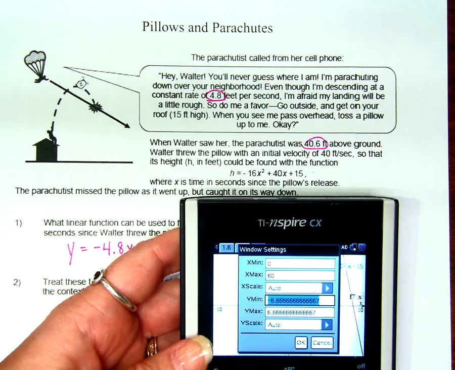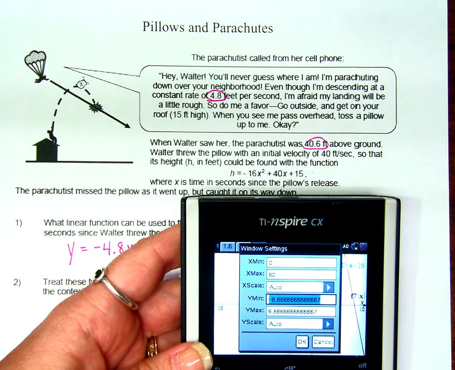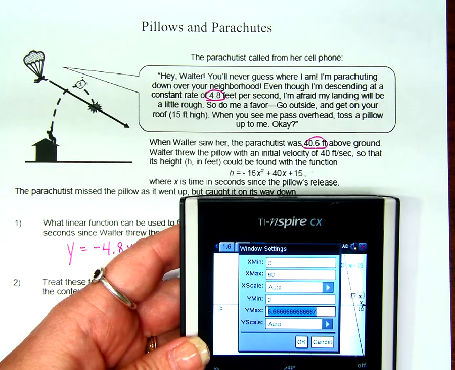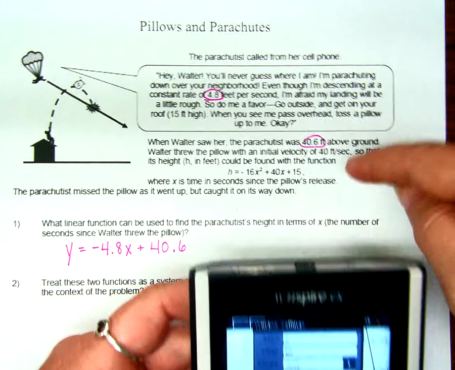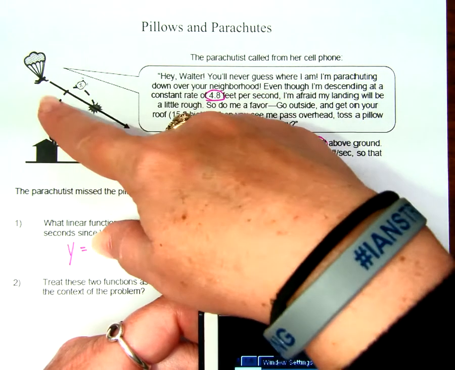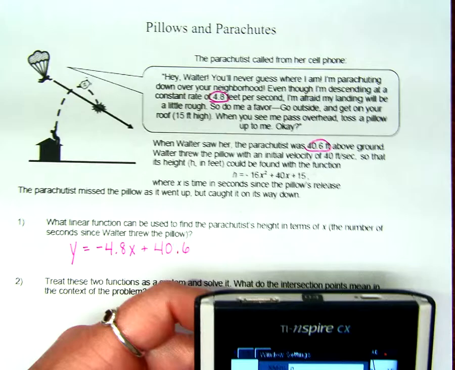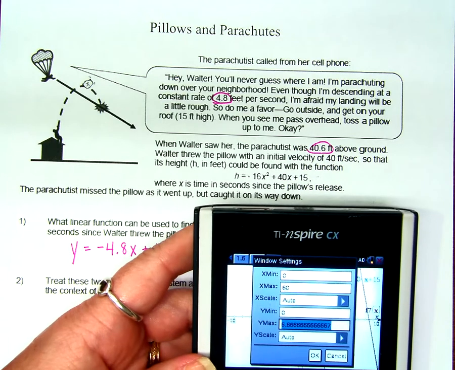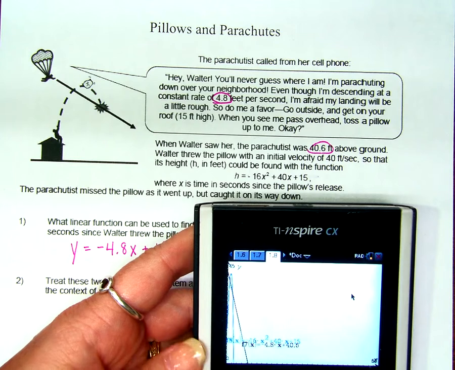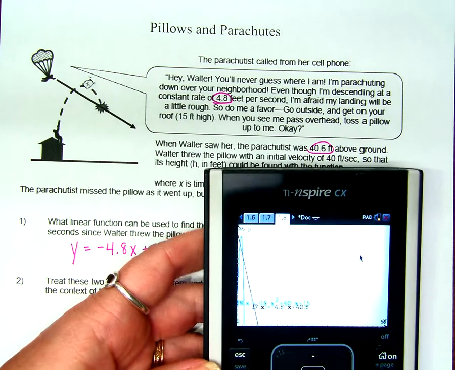What about y min? That's the height, right? So 0. And then how high should it go? So really 40.6, but think about what's happening in the picture. Maybe a little bit higher? How much higher? 45, okay. Is that what we want?